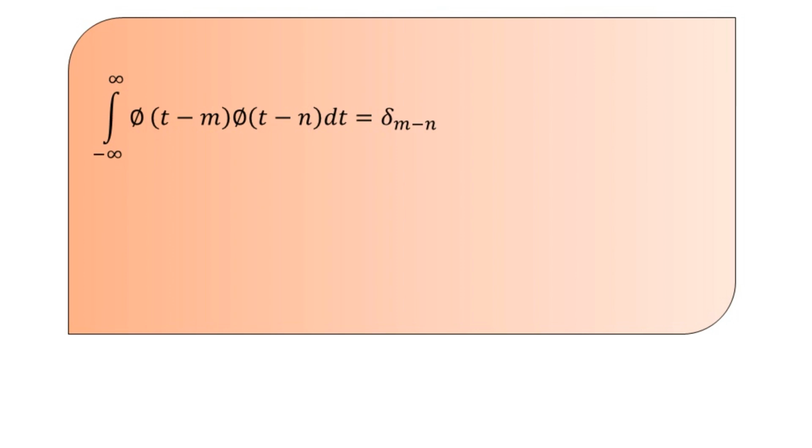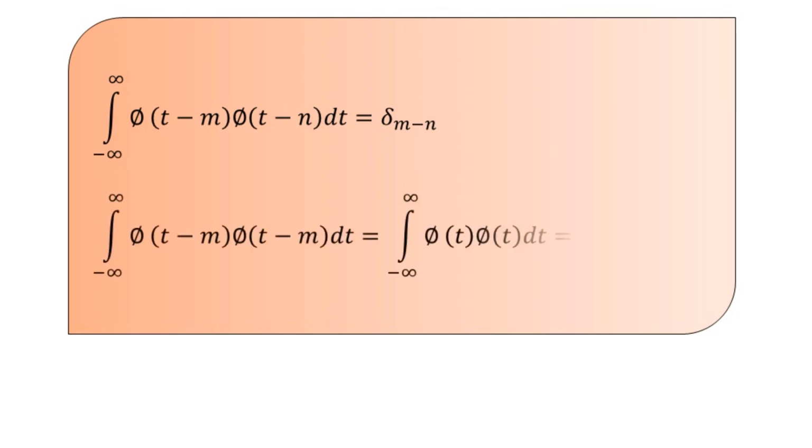At that time the area under this overlapping can be expressed as the integral from minus infinity to infinity of phi of t minus m into phi of t minus m dt. We have replaced n by m here, which is equal to the integral from minus infinity to infinity of phi of t into phi of t dt.